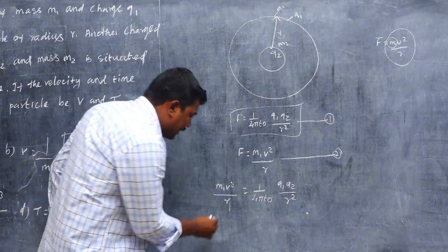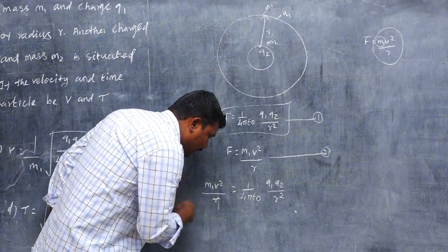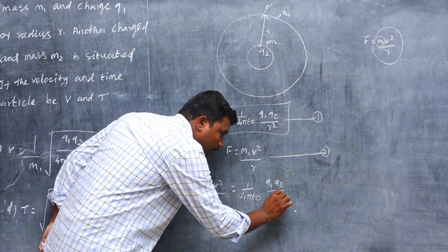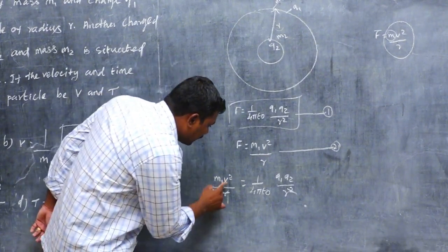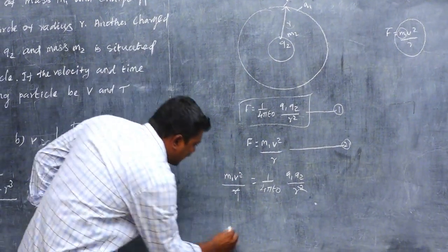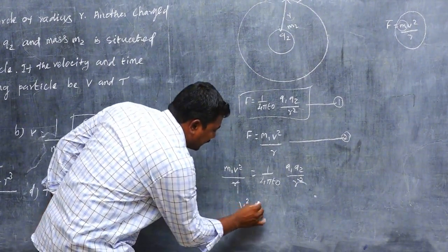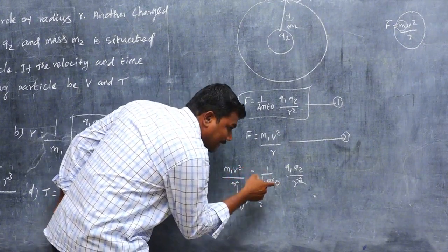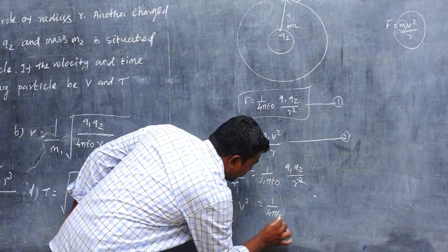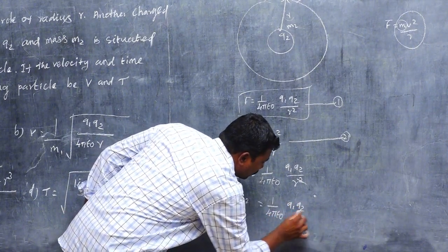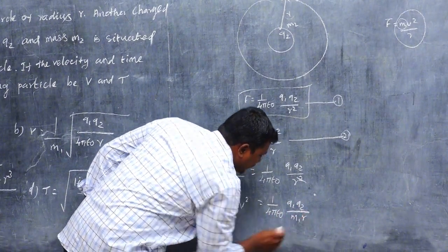On the left-hand side, one r is cancelled, and on the right-hand side, r square cancels one r. For the remaining terms, v square is equal to 1 by 4 pi epsilon naught q1 q2 divided by m1 into r.